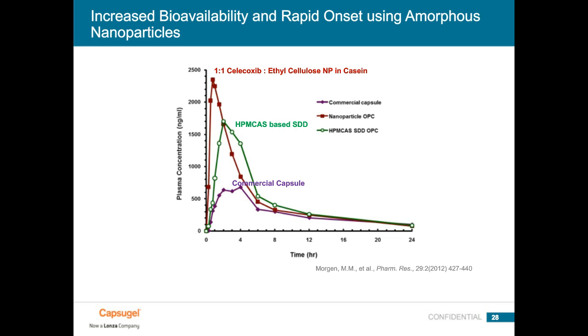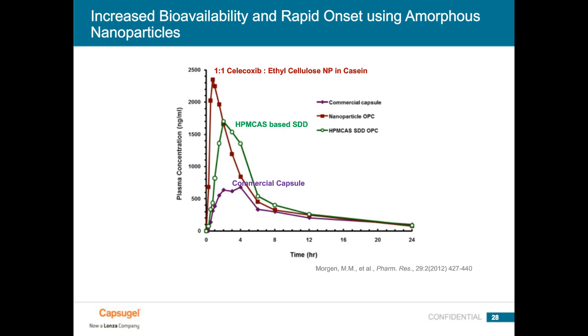And then here's another interesting formulation which we looked at after making the SDD. We looked into forming another amorphous formulation of this compound, an amorphous nanoparticle. In this particular case, it's an amorphous nanoparticle of the active with an insoluble polymer, ethyl cellulose.